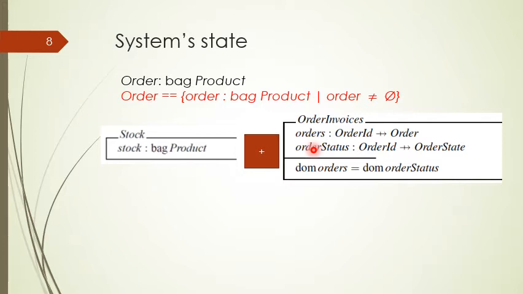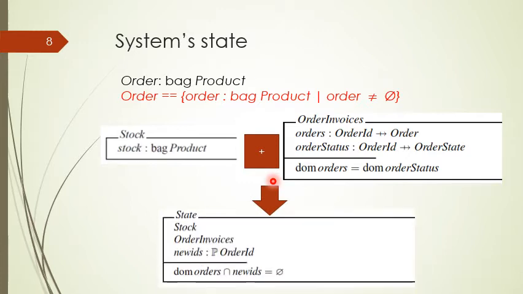And by merging these two schemas, we now have three system state variables which can be written in a system state schema with the name of state. So the name of the system state schema is state.